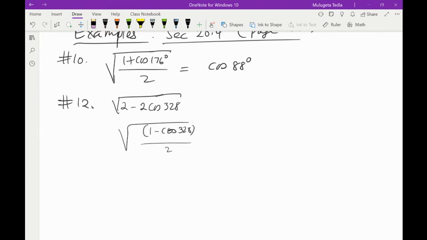And then you're going to multiply by 2 here. You know what I mean? What I'm saying is I want to make it in the shape of 1 minus cos of 2x over 2. Right?